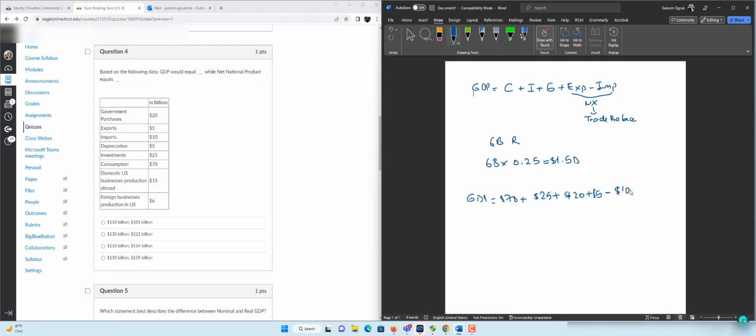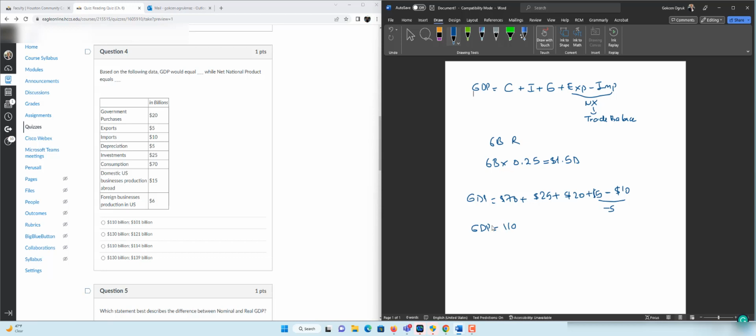So that is how we calculate GDP. Here we have -5, here we have 95, plus 15, 110. So GDP is equal to 110. So we have two answers for 110.